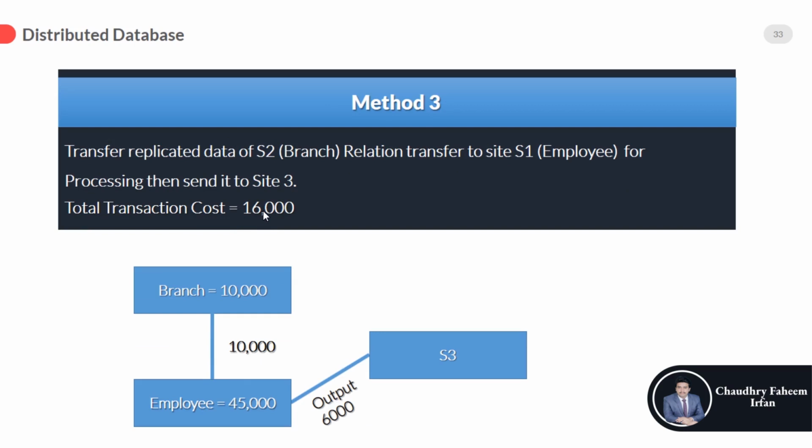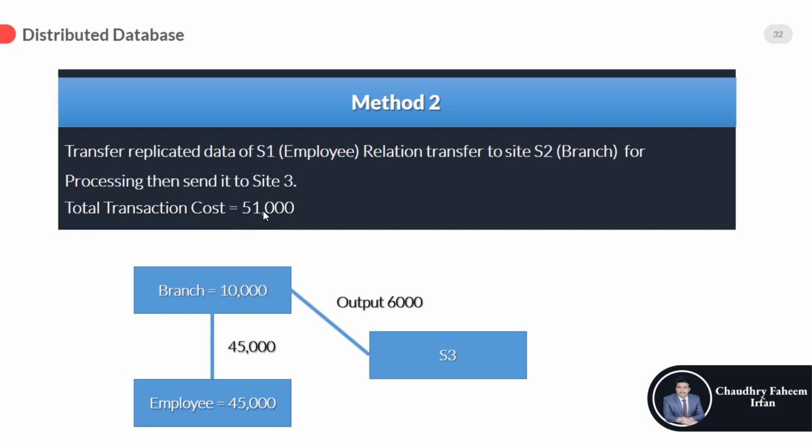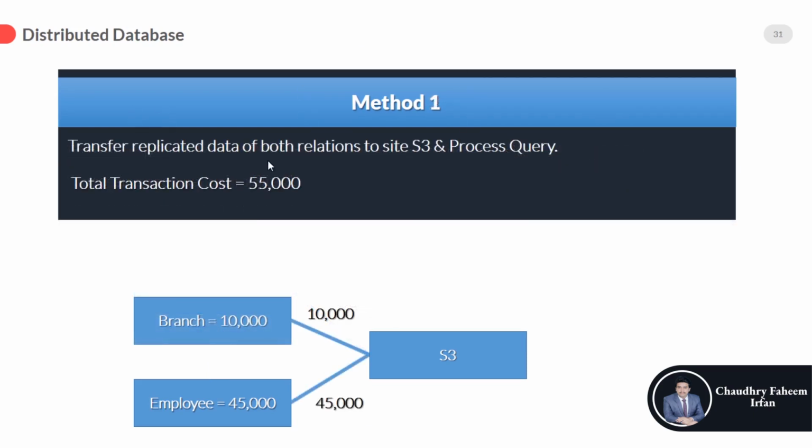What a difference! You are really shocked. Because in method 1 our communication cost is 55,000, what will be the performance? Worst or very bad?